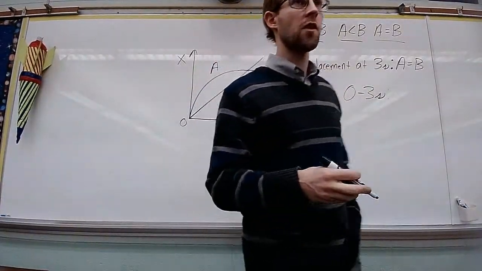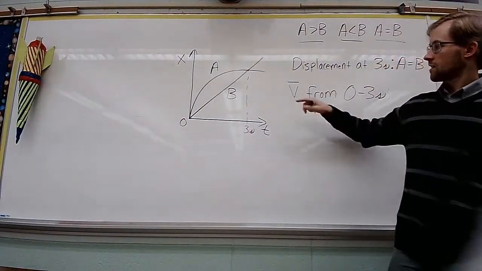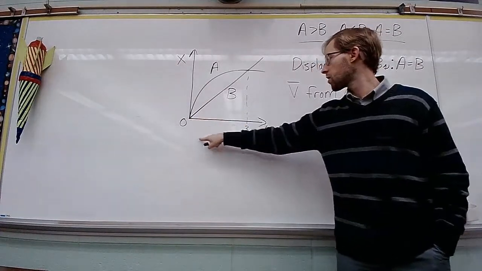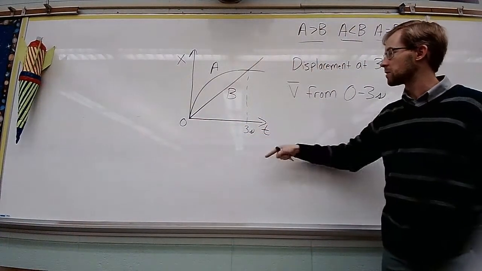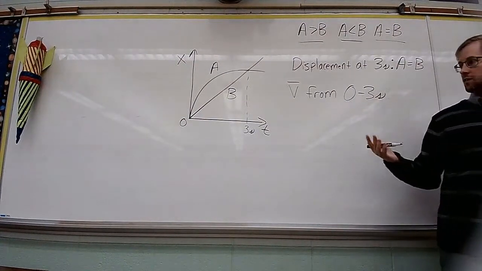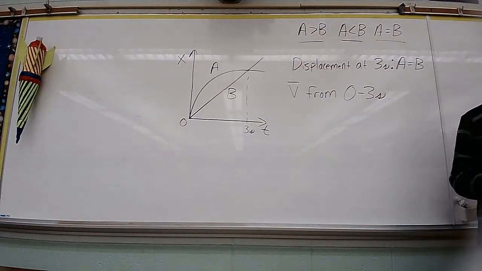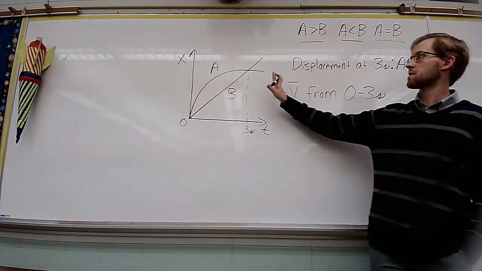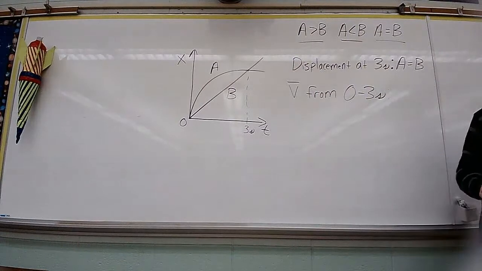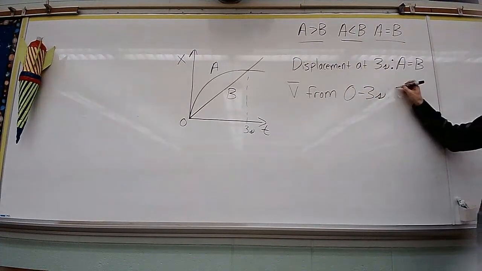The reason for that is because both of these objects start at the same position, and both of these objects end at the same position at 3 seconds. So remember, average velocity is just change in distance over change in time. They've both had the same change in distance over that same period of time. So average velocity is going to be equal.